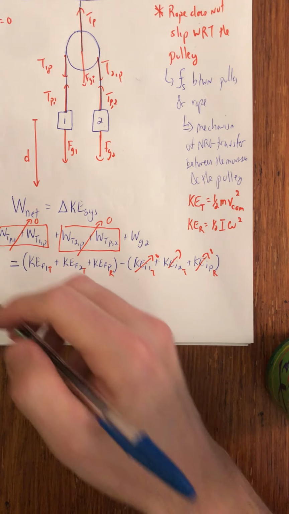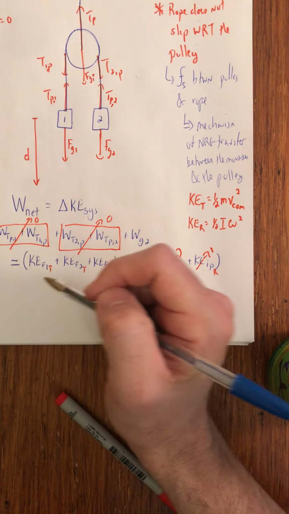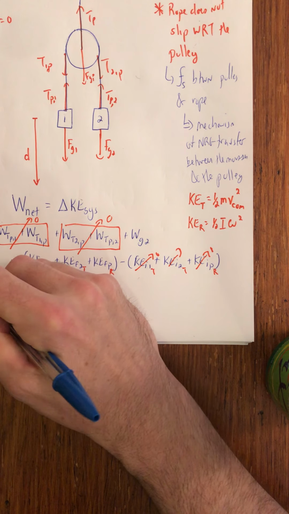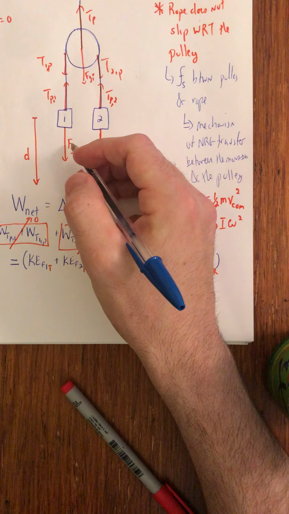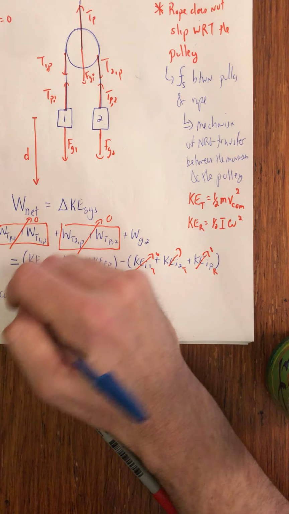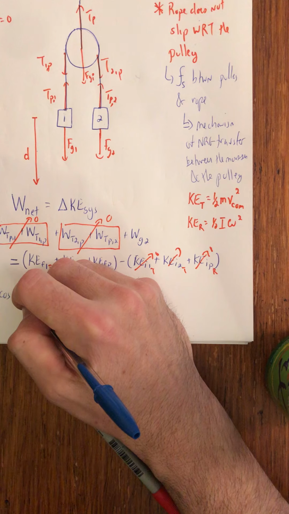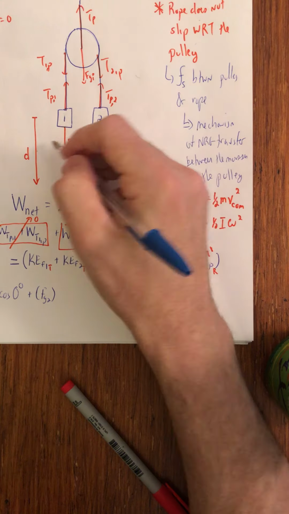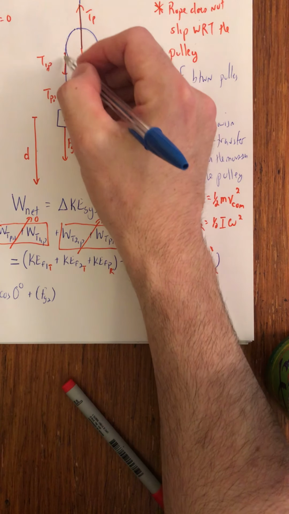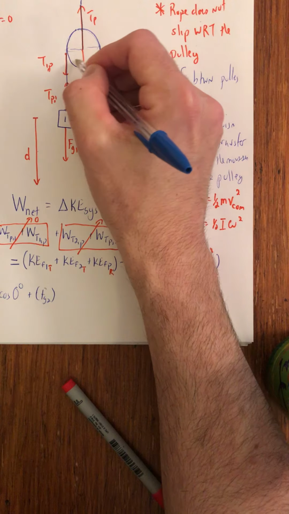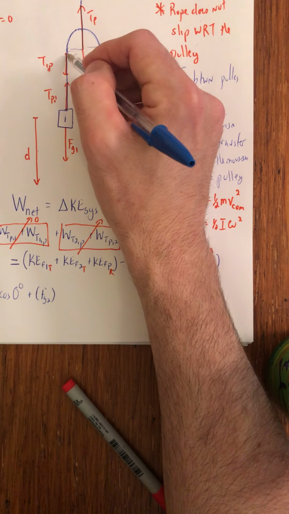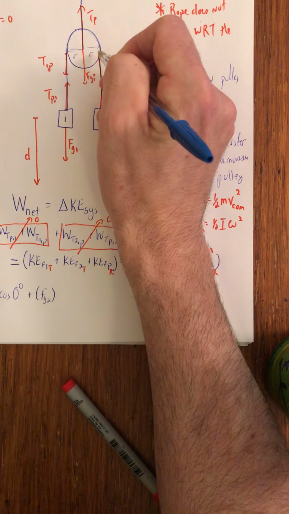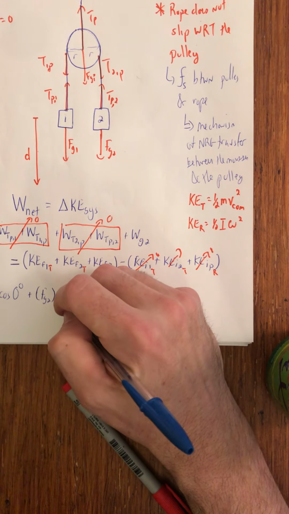So plugging in, what does that leave us? The work done by gravity. That's FG1 times its displacement, which here is d, cosine of the angle between the force and the displacement, which is 0, plus FG2. Now, if this goes down d, that goes up d, because these are at the same radius. The rope moves a certain amount around that same circumference, and so that's d.